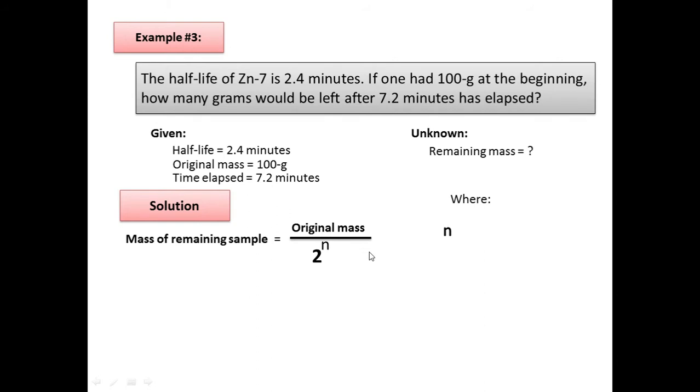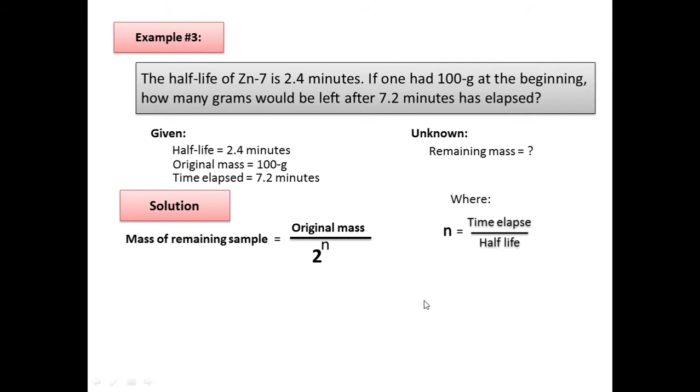So wherein, alam natin dun sa first slide na n is equal to time elapsed divided by half-life. Since yung time elapsed dito is already given, which is 7.2 minutes, and the half-life is also given, which is 2.4 minutes. So we just simply substitute the value of time elapsed, 7.2 minutes, and the value of half-life, which is 2.4 minutes.